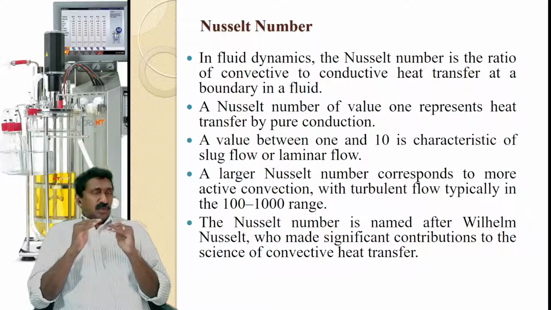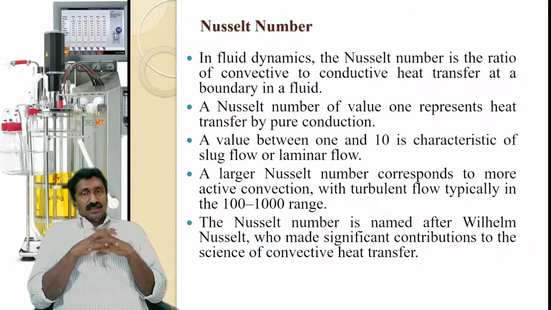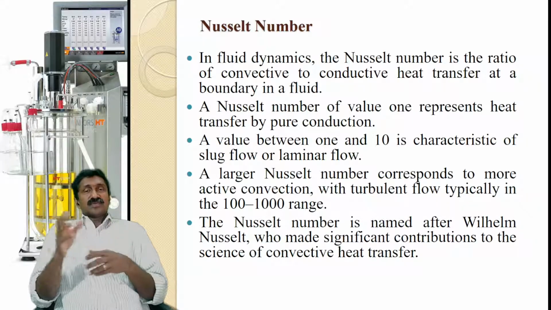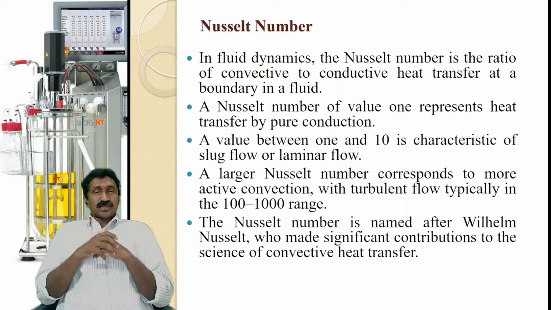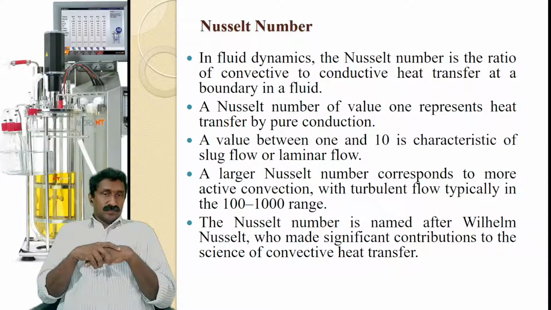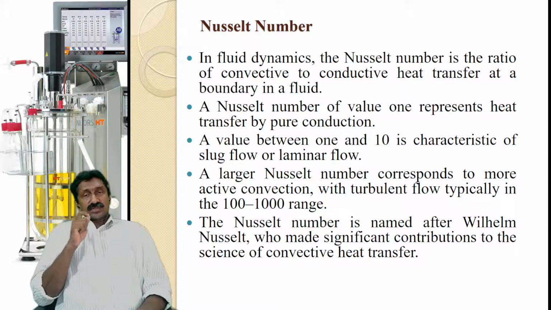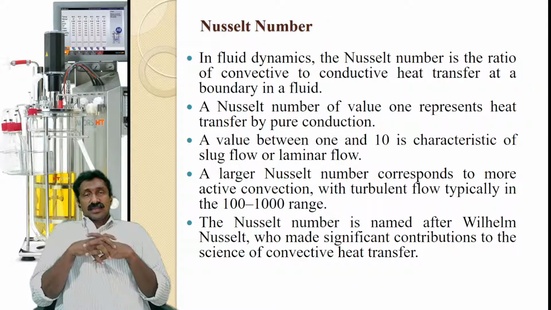And if it is almost static and there is no convective transfer, then most of the heat transfer is occurring only through the conductive process, and in that case we have the value of 1. The Nusselt number is named after Wilhelm Nusselt, who made significant contributions to the science of convective heat transfer.